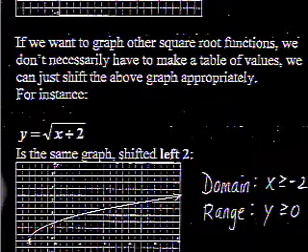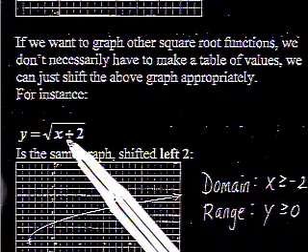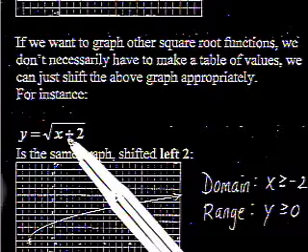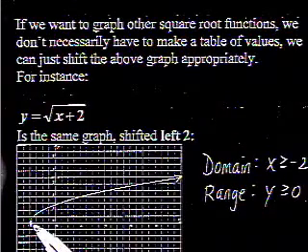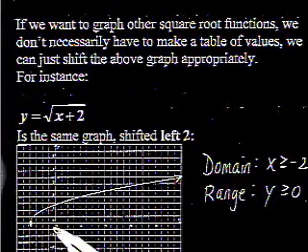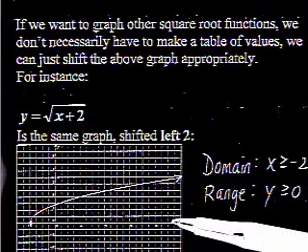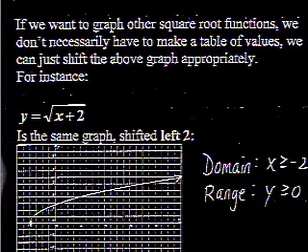So this one right here, x plus 2 on the inside causes a shift of left 2 units. So the smallest x value is negative 2, and then it gets bigger from there. But the range doesn't change because it has not been moved down, only to the left.